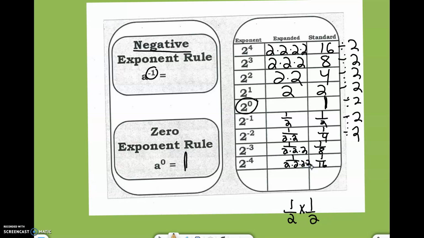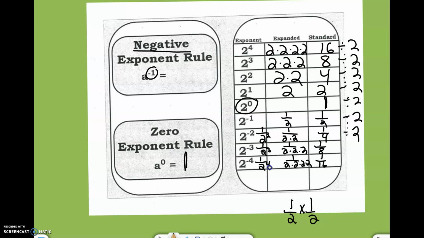Now, instead of writing 2 times 2, couldn't you just write 1 over 2 to the 2nd power? Make it a little easier, right? Or instead of writing 3 twos, you could put 1 over 2 to the 3rd power. And the last one could just be 1 over 2 to the 4th power.